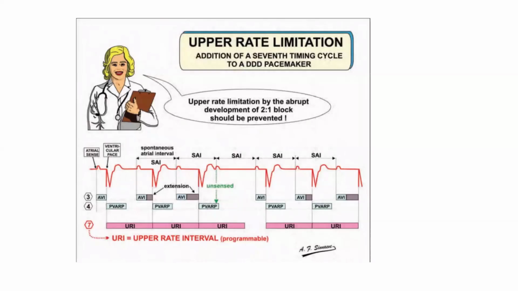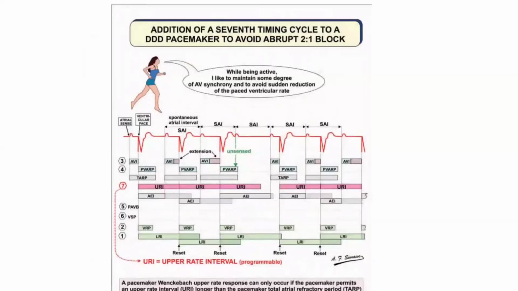But remember, if you want to make this for the patient, better tracking rate. This is another example of the pacemaker Wenckebach, the upper rate interval. I can program it. It causes prolongation of the AV delay till one beat is not conducted.